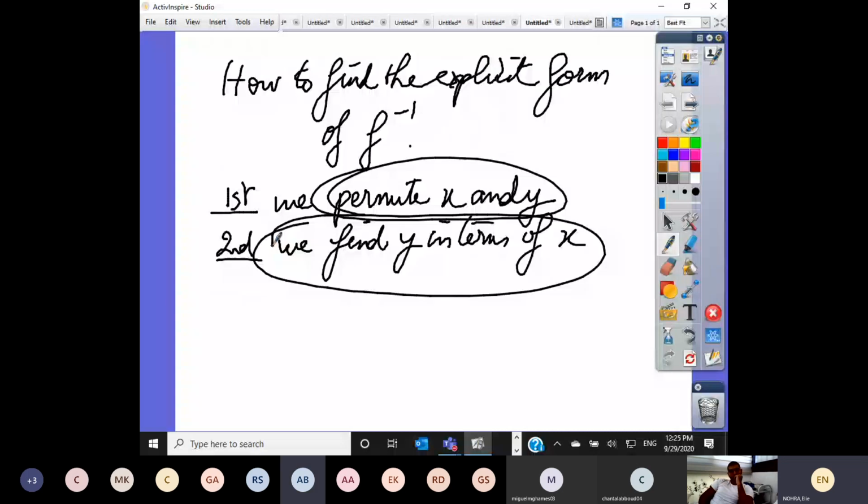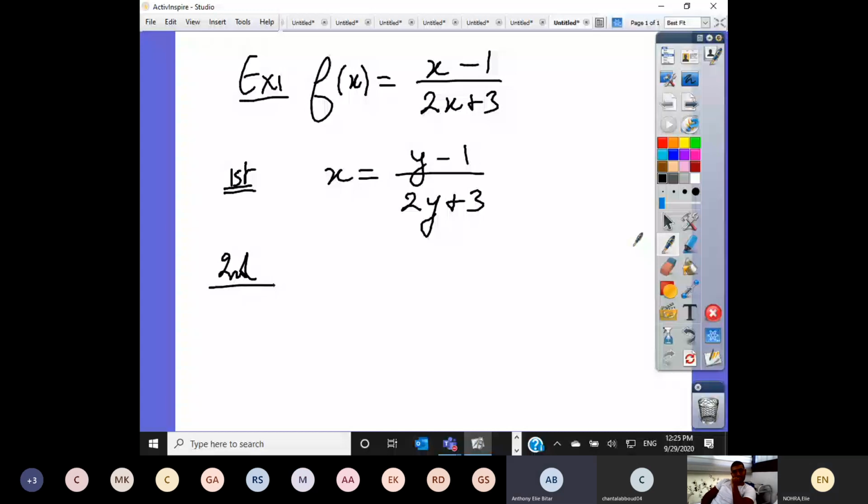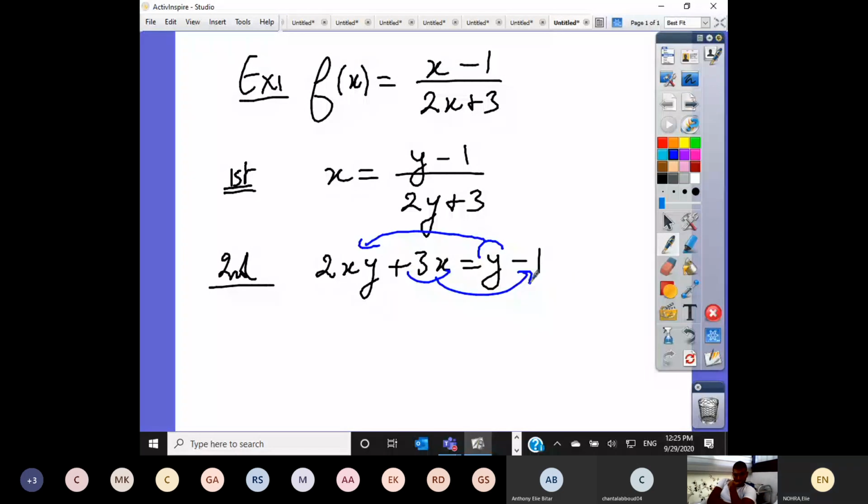What do you do first? Cross multiplication. 2xy plus 3x equals y minus 1. Second step, we bring the y over here. We take the 3x over there. So 2xy minus y equals minus 3x minus 1.